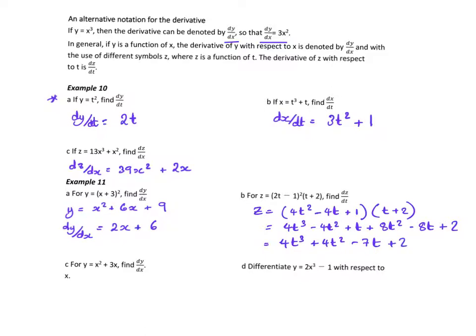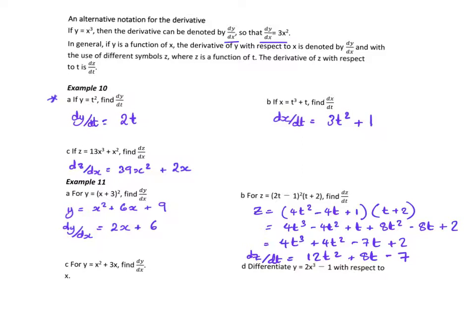And of course the question really wanted us to find dz dt, which would then give us 3 times 4 is 12. t, decrease the power by 1, 2 times 4 is 8. t to the power of 1, minus 7. So once it's fully expanded, not so difficult.